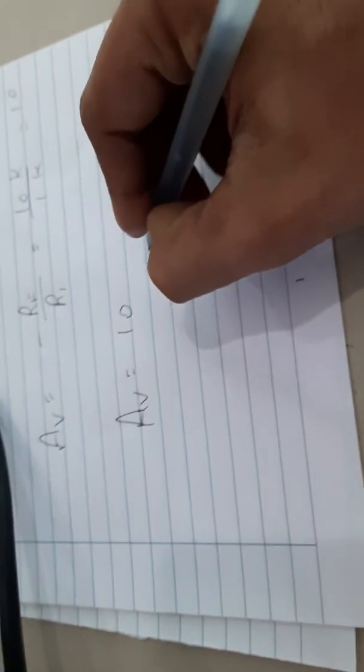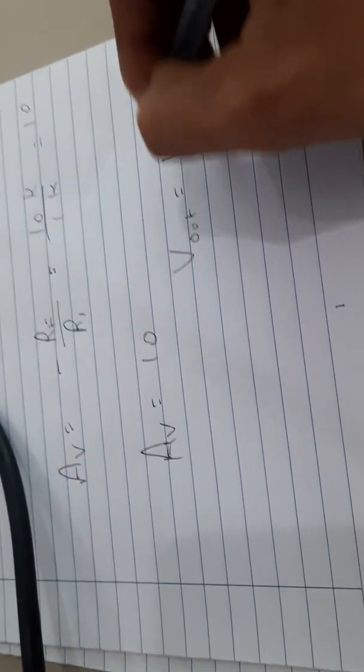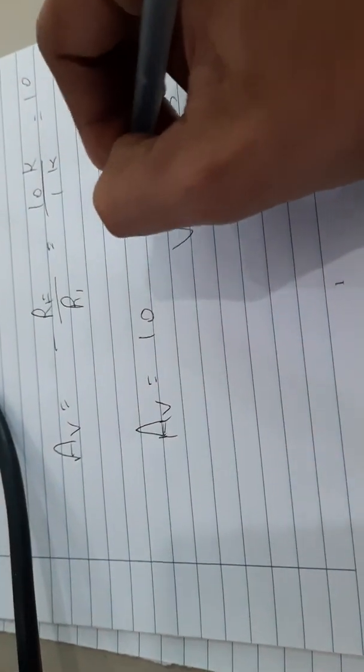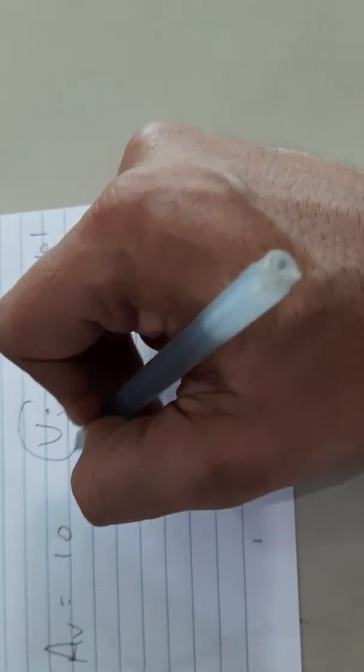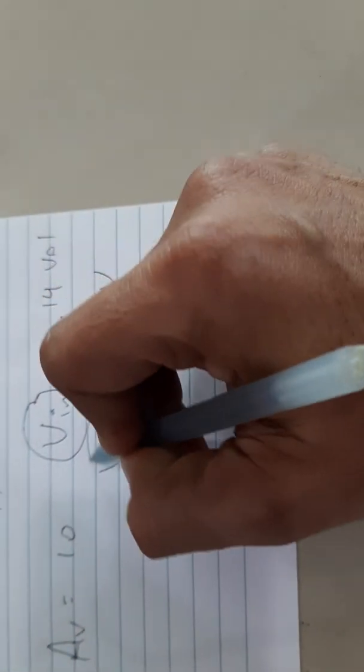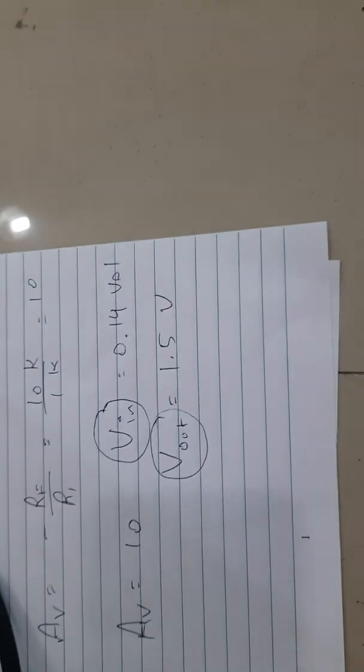So V out is equal to 1.5 volt, while my V in was 0.14 volt. So the ratio between V in and V out is near about 10. That is what we have set as AV.